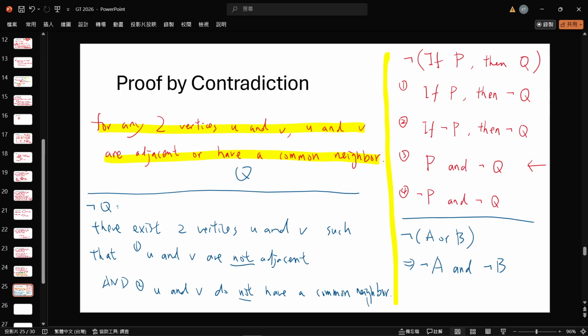So we use these two nots to take the negation of these two conditions.